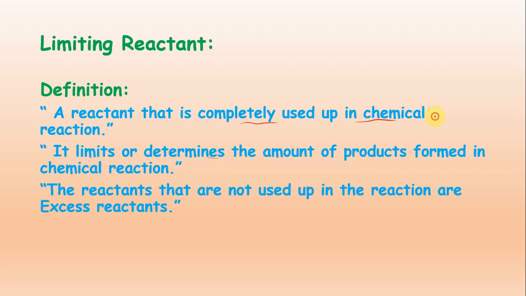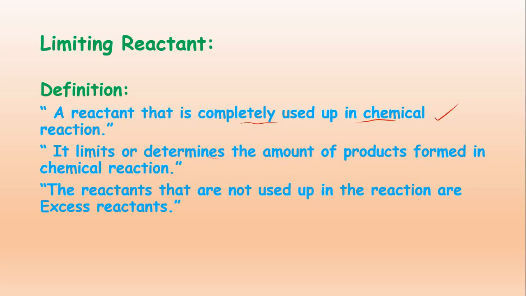Number one, it is a reactant in the chemical reaction which is completely consumed first. Then the second point is that it limits or determines the amount of the product formed in the chemical reaction.